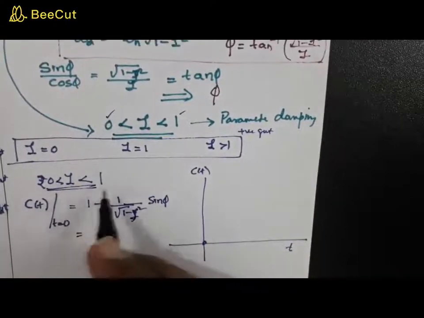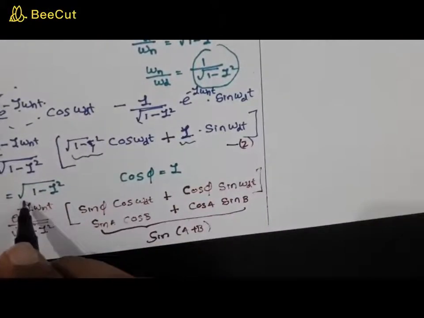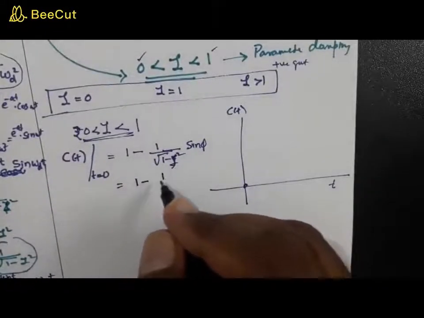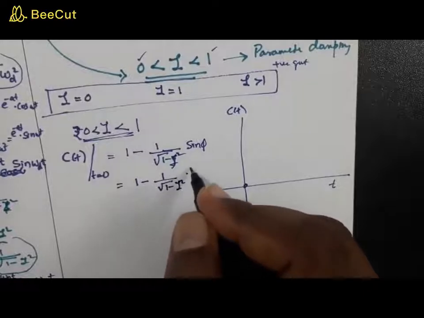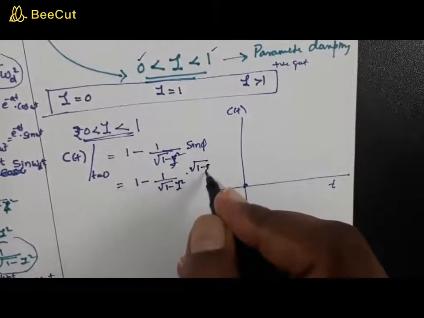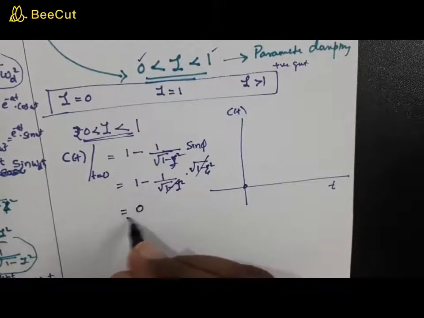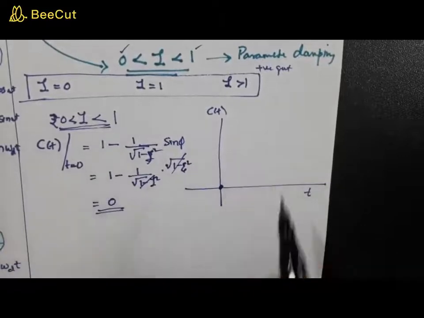As long as theta lies in between 0 and 1, the sine phi we have assumed to be root of 1 minus theta square. So substituting that, 1 by root of 1 minus theta square into root of 1 minus theta square, right? So this and this will cancel, so this is equal to 0. So we know that the c of t at t is equal to 0 is 0.